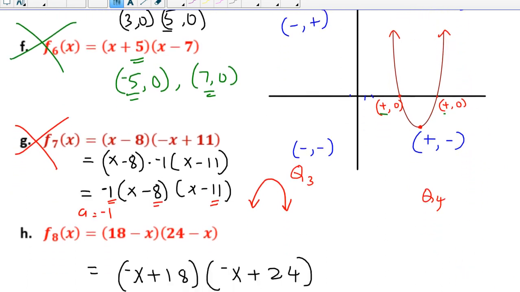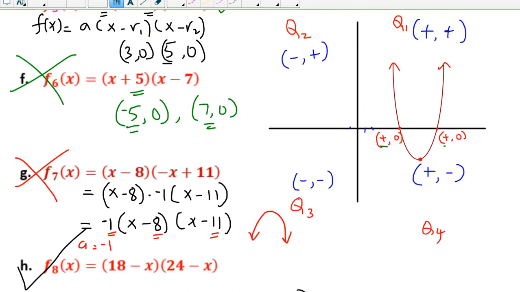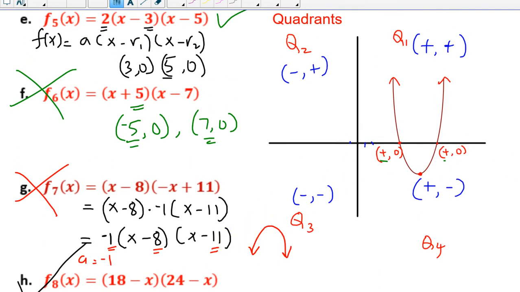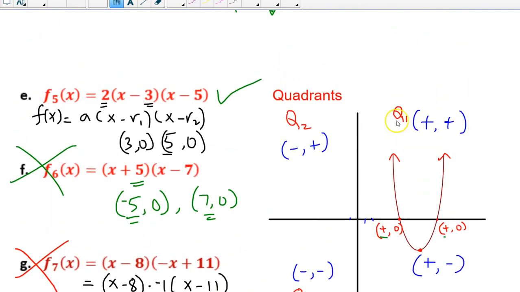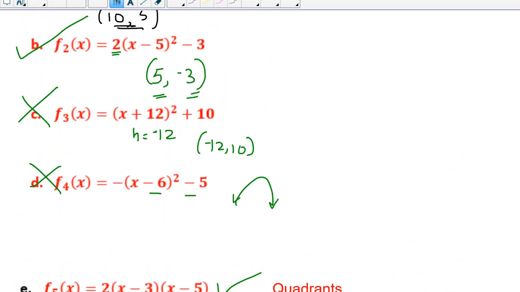Therefore, this function may be the function for that graph. So this could be your answer, right? So out of those 8 functions, we got how many checks here? 1, 2 and 3 of them.